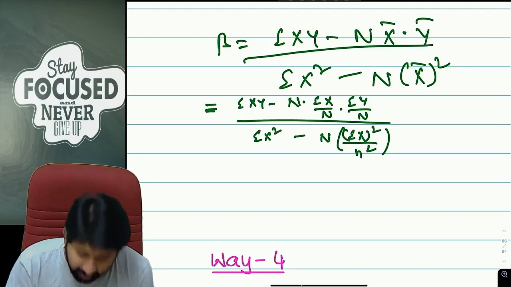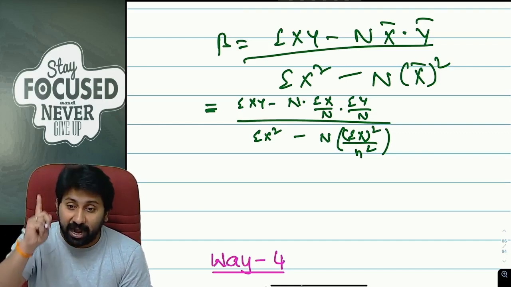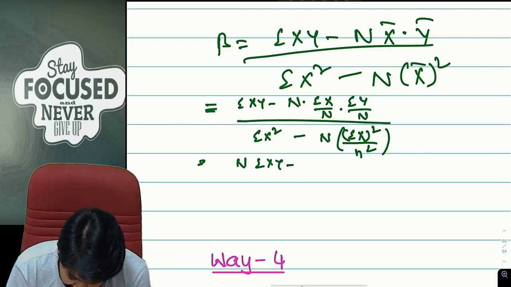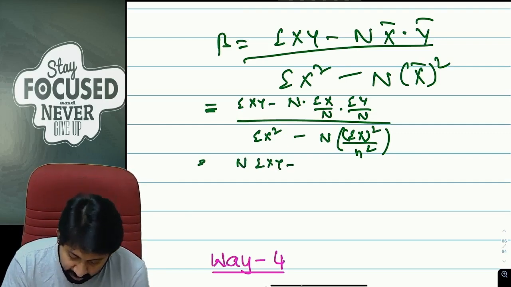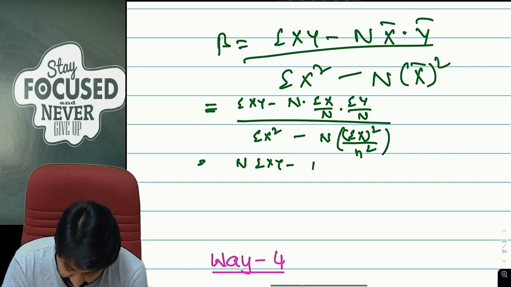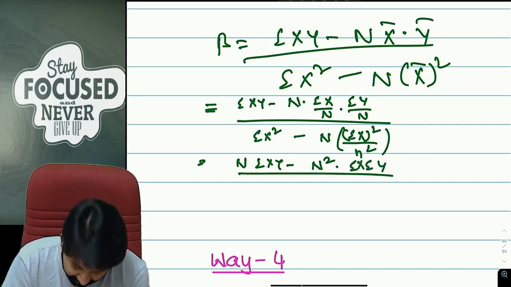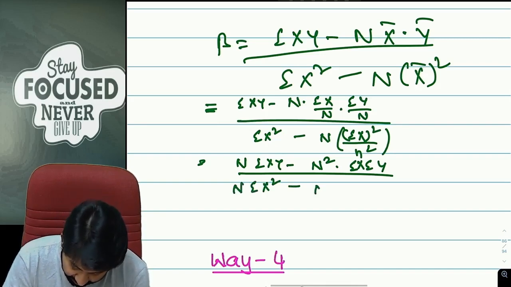Okay, now multiply n in the numerator and denominator. N sigma xy minus. If you multiply by n, what will happen? N is already there. N into n becomes n square into sigma x sigma y, whole divided by sigma x square minus n sigma x square minus n square into sigma x the whole square divided by n square.